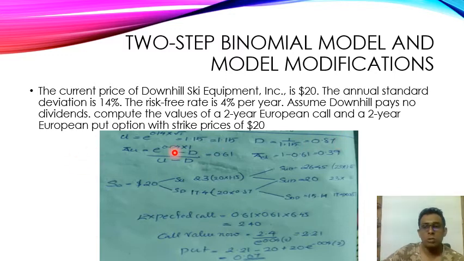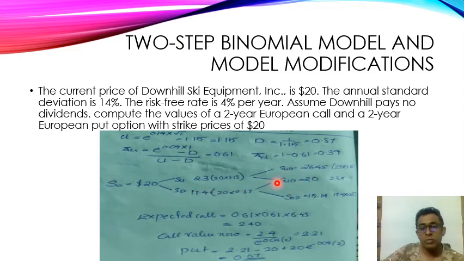Similarly, we need to find the probability for reaching this upstate and downstate, which is given by (e raised to rT minus D) by (U minus D). Here r is given as 0.04 per annum. So the result is 0.61 at the upstate, and the downstate is 1 minus 0.61, which is 0.39. So the share, which is at 20, will reach 23 at year 1, which is 20 into 1.15, and multiplying 0.87 into 20 will give 17.4.